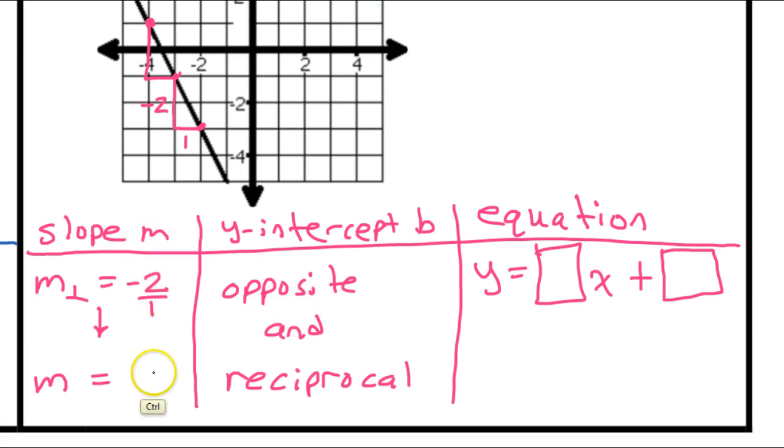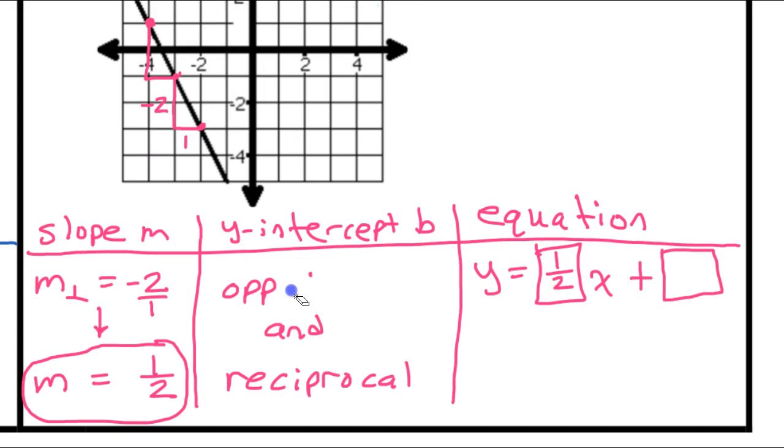So the reciprocal of this would be 1/2. Opposite means opposite in sign. So if a perpendicular line has a negative slope, then our line will have a positive slope. So I'm just going to leave this positive 1/2, and there you go. The slope we need is positive 1/2, and we can go ahead and put that in the box.